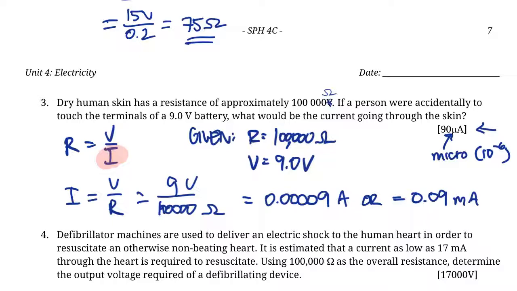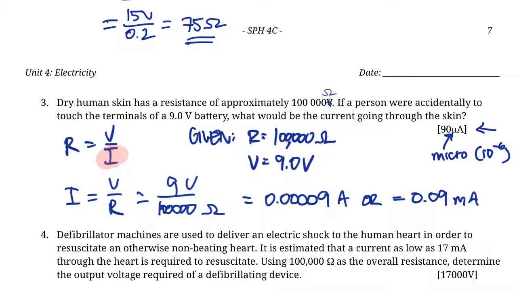So putting a 9-volt battery against your skin, 0.09 milliamps, you're not going to feel that because that is so low. You only start feeling stuff around 1 milliamp, right? So this is why it doesn't actually hurt when you touch a 9-volt battery to your skin, because the current, there might be a little bit of current passing through there, but it's so small that it's not going to actually hurt you, or you won't really feel it.